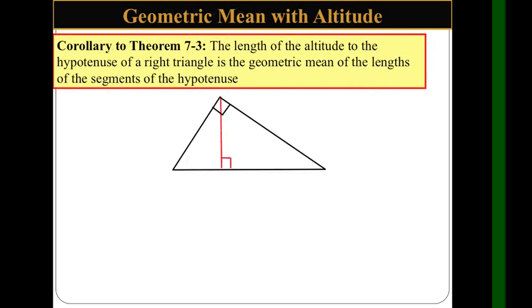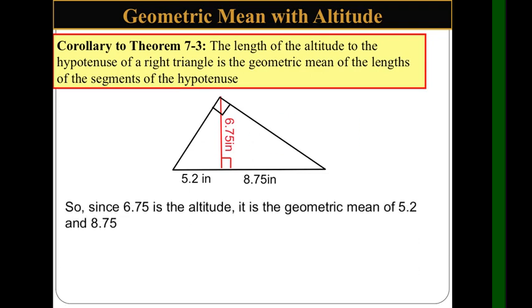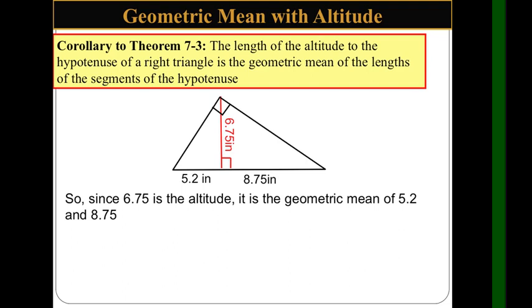Now, let's say that this side is 5.2 inches and the other side is 8.75 inches, given the altitude, which is 6.75 inches. Since 6.75 is the altitude, it is the geometric mean of 5.2 and 8.75. Ibig sabihin, geometric mean daw yon kapag given yung altitude. Now, we can solve that by doing this.